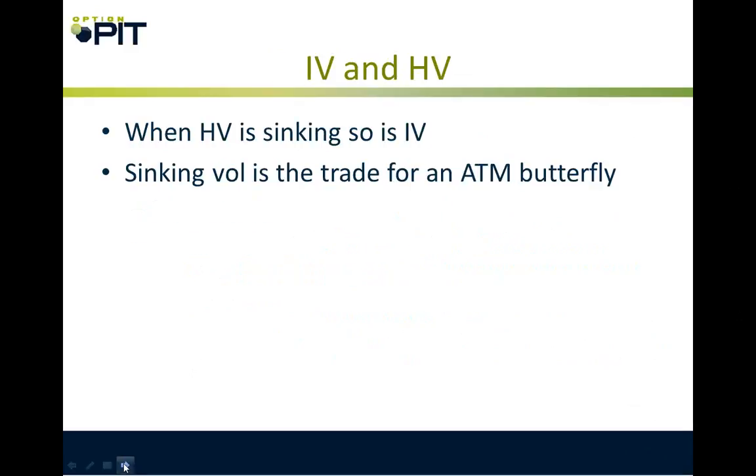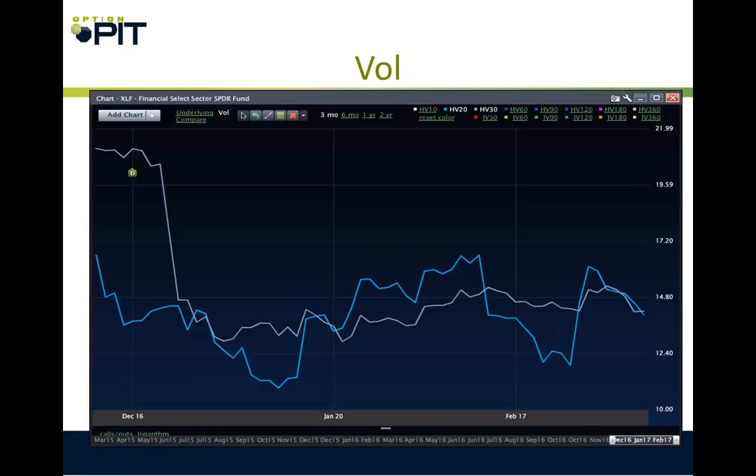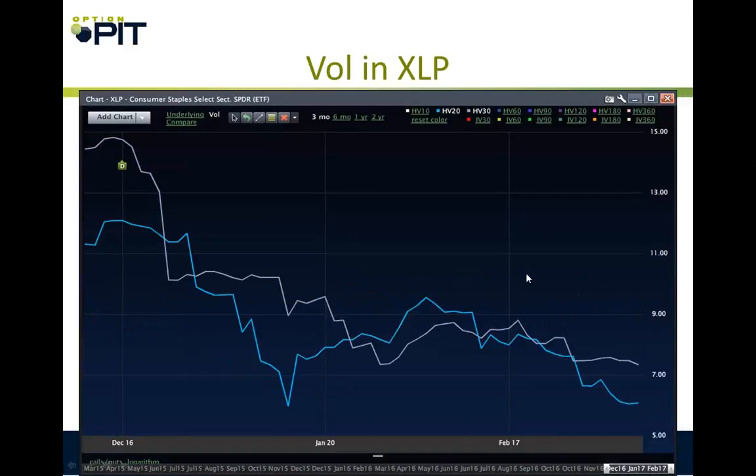When HV is sinking, so is IV. Sinking vol is the trade for an at-the-money butterfly. There is XLF, pretty stable, but you've got some areas where it pops. Here's a more interesting one in XLP.